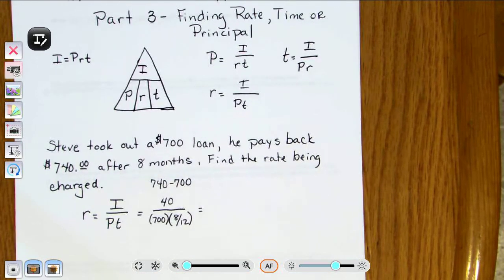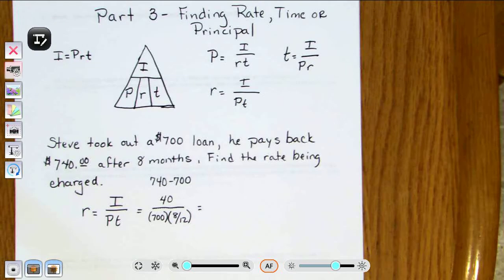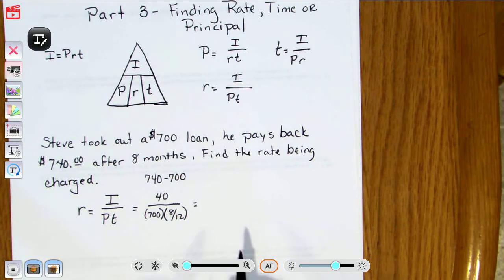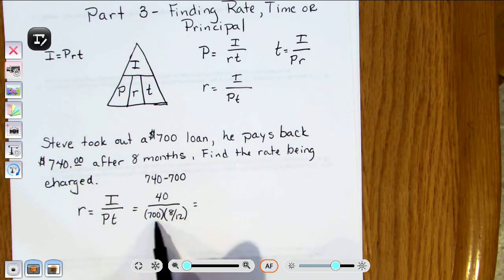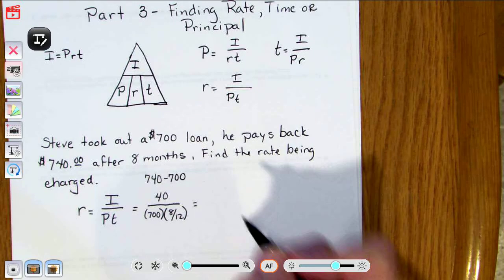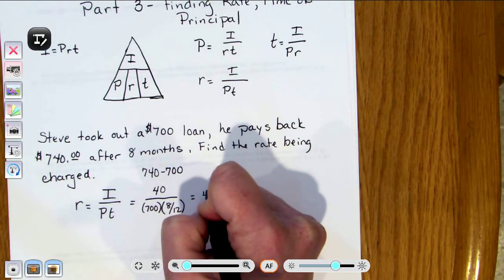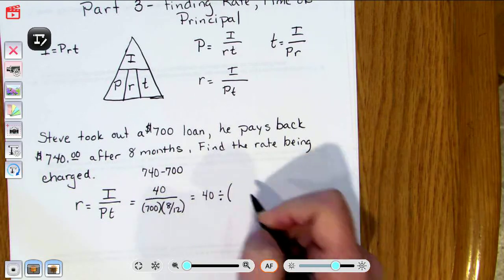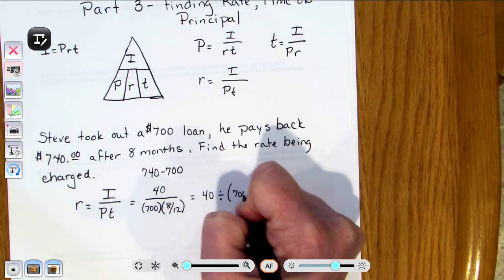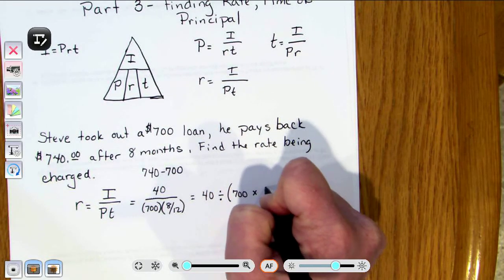Okay. Now to get my calculator to do this all in one step, you have to be a little bit careful, because we need to make sure that these pieces get put together and stay in that denominator. So I'm going to take that 40 and divide by, in parentheses, 700 times that 8/12.